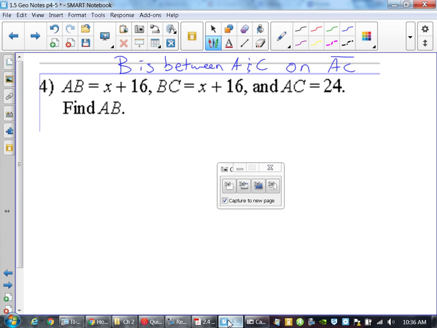That was the instructions for something like this. So if it says something like this, where you have B is between A and C on segment AC, what should you do?